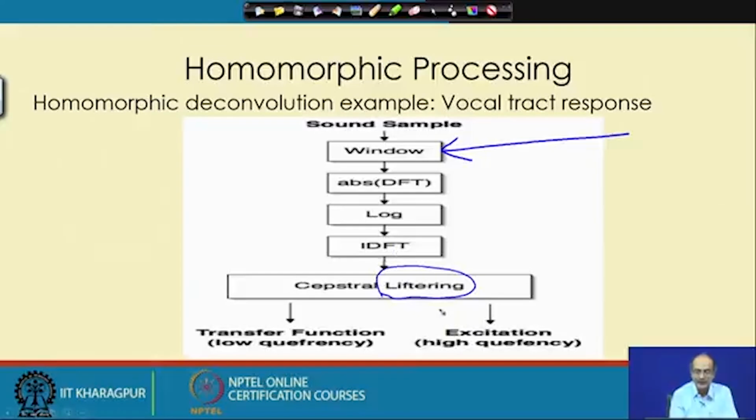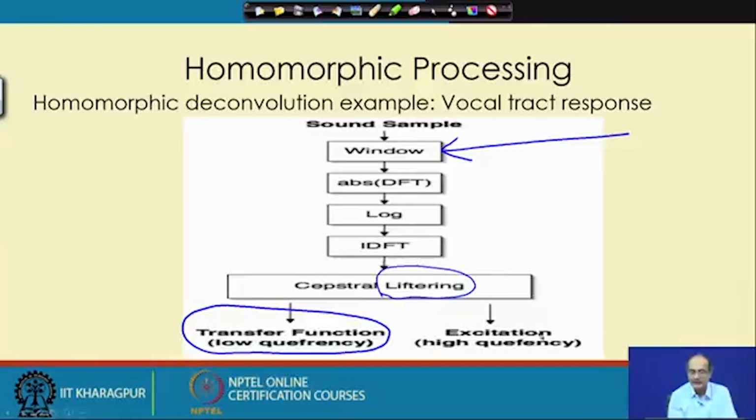So, we have just removed that and then go for the filtering in the cepstral domain, what is called the cepstral liftering, and we are separating the two parts. One is the transfer function, which is the low frequency part. Why low frequency? Because the change in the vocal tract is slow. We cannot change it very quickly, and thereby the transfer function is a slowly changing signal.